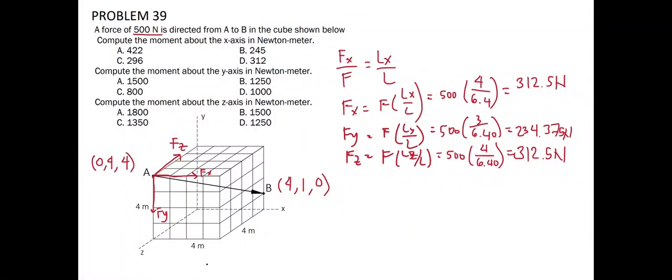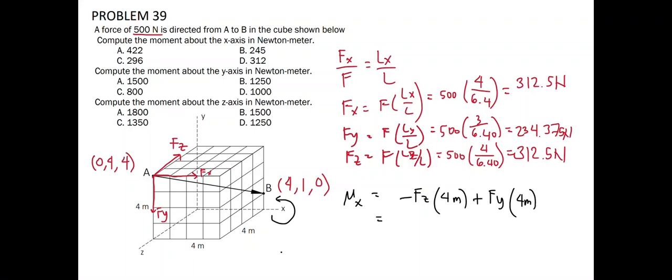Now that we have our components acting along the x, y, and z axes, we can solve for the moment of the force about the coordinate axes. Starting with the moment about the x-axis, notice that only Fz and Fy could induce a rotation about the x-axis. Considering counterclockwise to be positive, we have the moment about the x-axis equal to negative Fz, since it is clockwise, times the moment arm distance of 4 meters, plus the force Fy that induces a counterclockwise rotation multiplied by the moment arm distance of 4 meters.